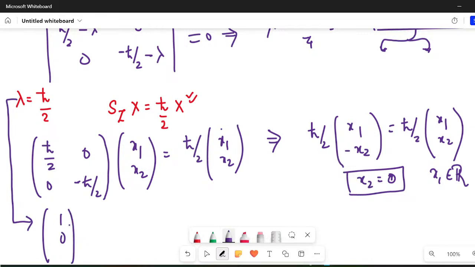I can also choose anything, but just to normalize it. Similarly, corresponding to lambda equal to minus h cut by 2, the eigenvector would be 0 and 1. I hope it is clear.